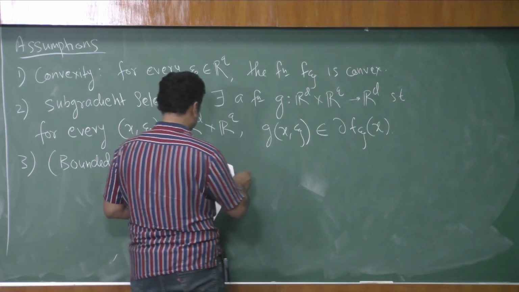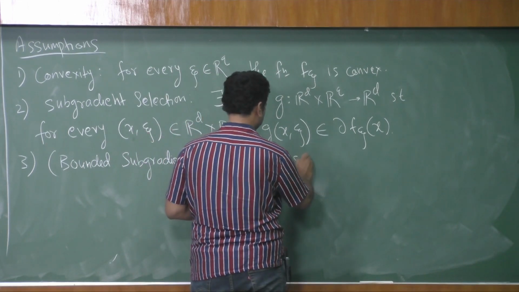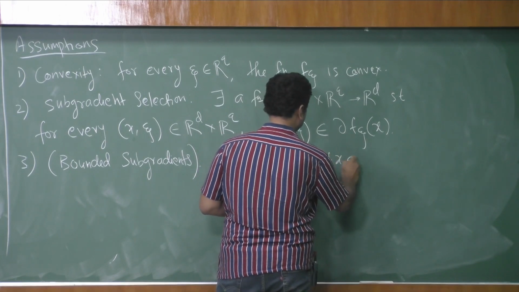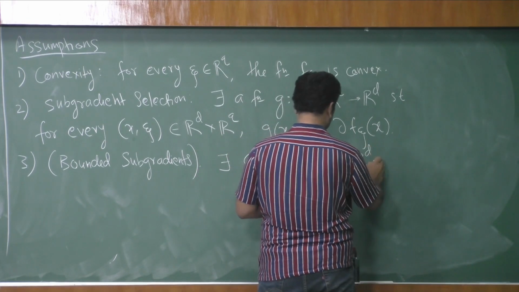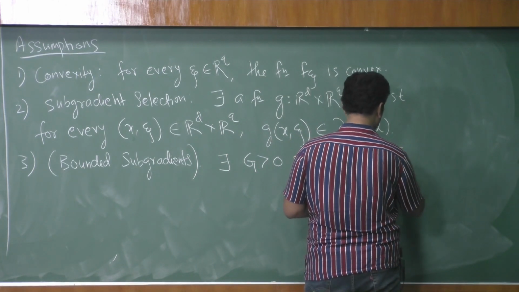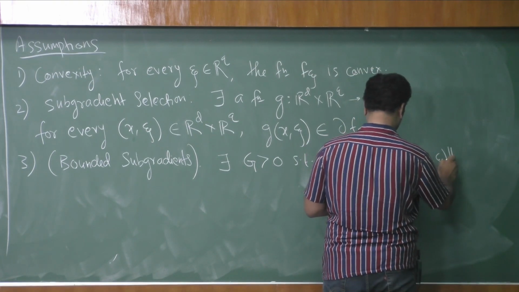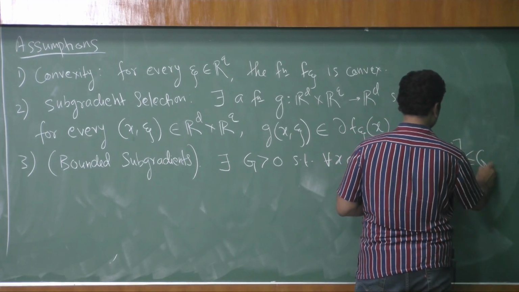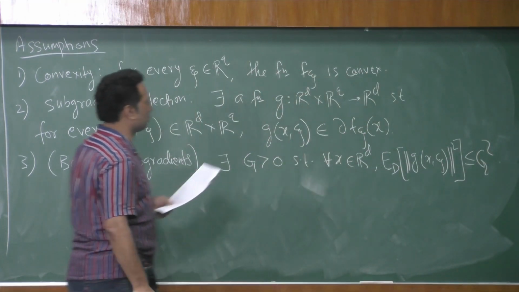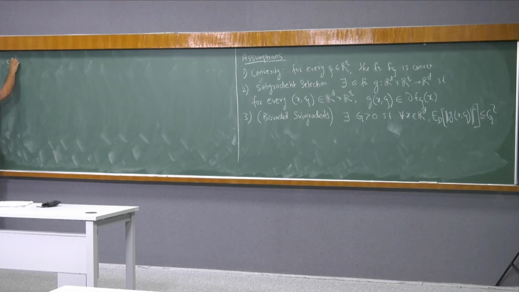So there exists G greater than 0 such that for all x in R^d, the expectation of the norm of g(x, xi) squared is less than or equal to G squared. So that's what it means that the gradients are bounded. So these are the assumptions we have.